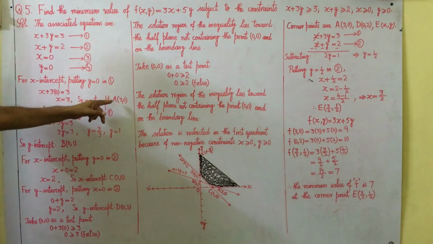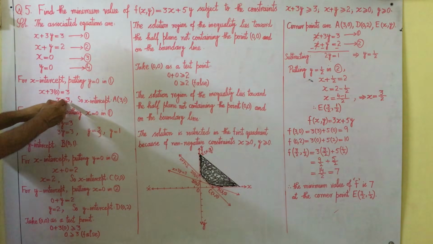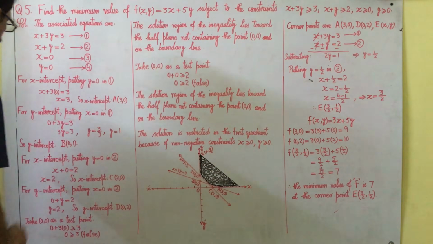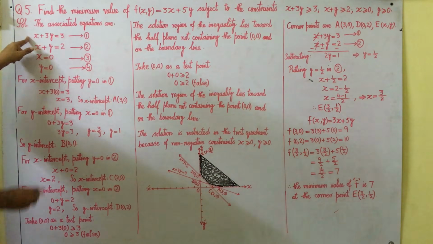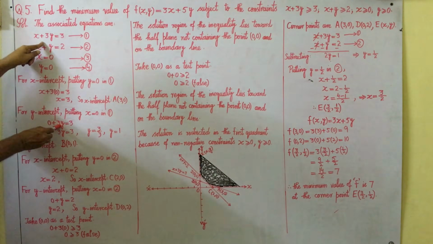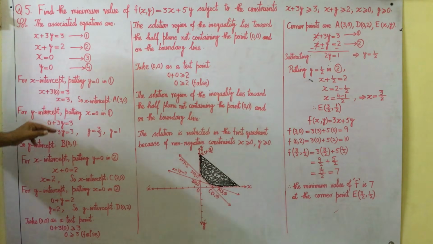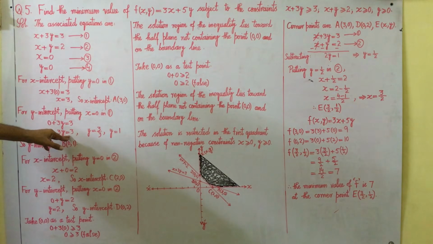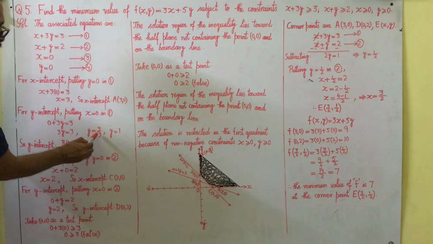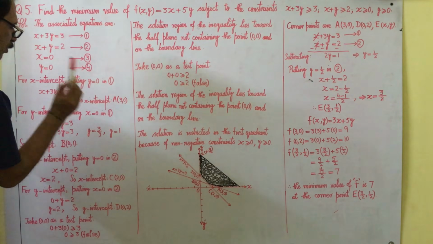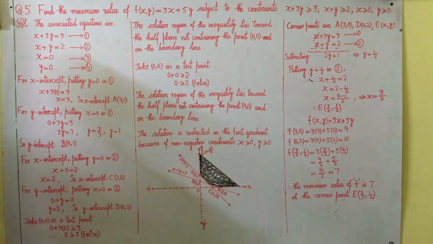So the x-intercept A has coordinates (3, 0). For the y-intercept, putting x = 0 in 1: 0 + 3y = 3. 3y = 3. Dividing both sides by 3, y = 3/3, y = 1.